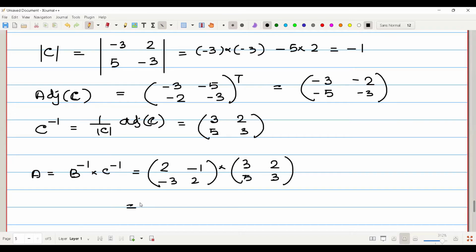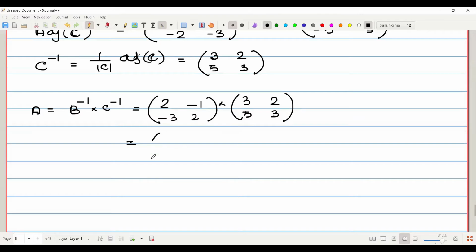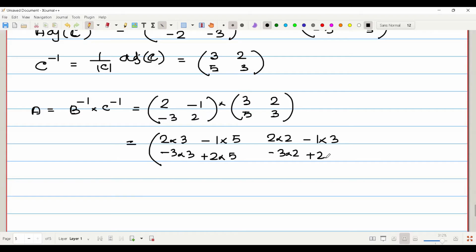We have the result as 2 cross 3 minus 1 cross 5, 2 cross 2 minus 1 cross 3, minus 3 cross 3 plus 2 cross 5, minus 3 cross 2 plus 2 cross 3, or that one is 1, 1, 1, 0. So that one is the answer or solution of the matrix A.